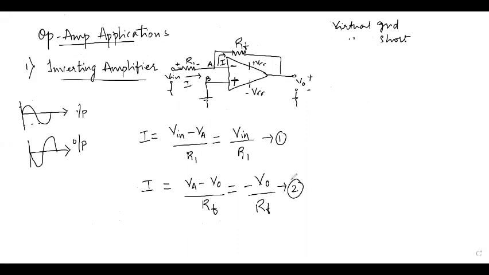Now, equating both the equations, I'll get Vin by R1 equals minus Vo by RF.